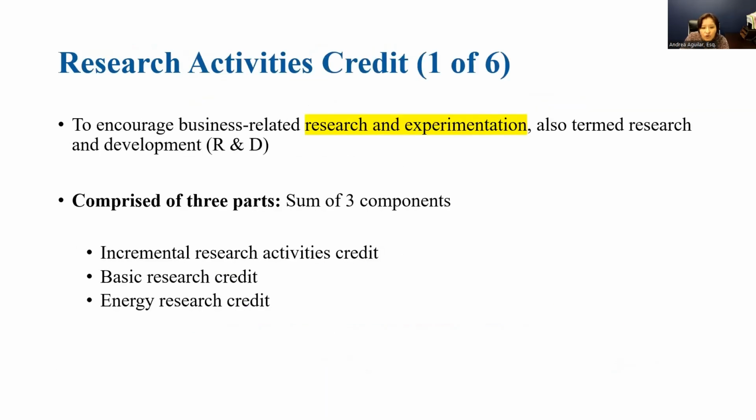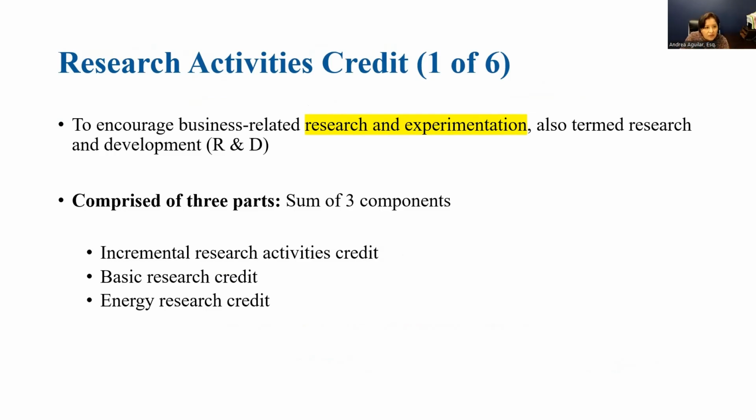Now, another business-related credit is the research activities credit. We want to encourage businesses to invest money, to spend money on research and experimentation. And where? Well, in the US.